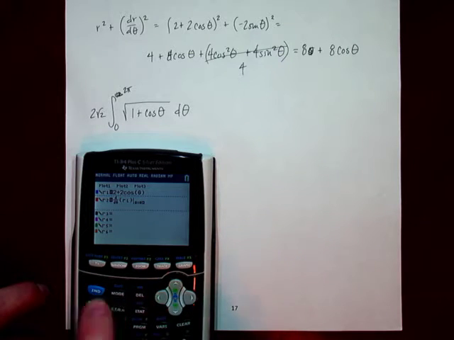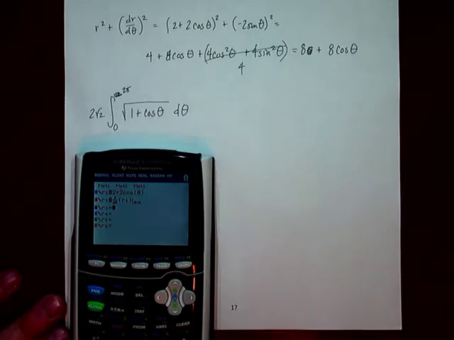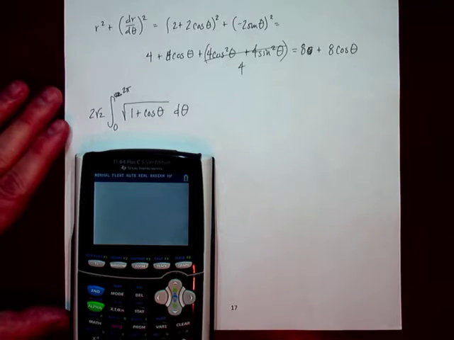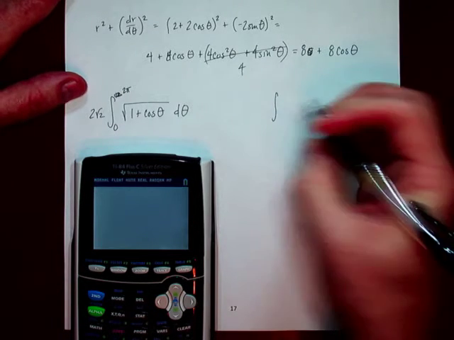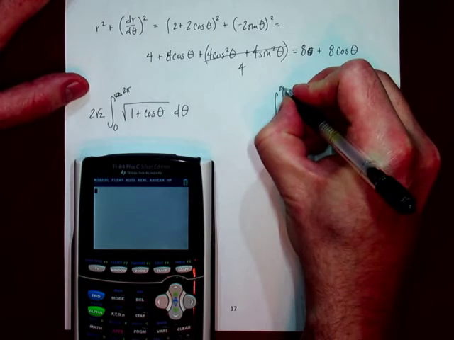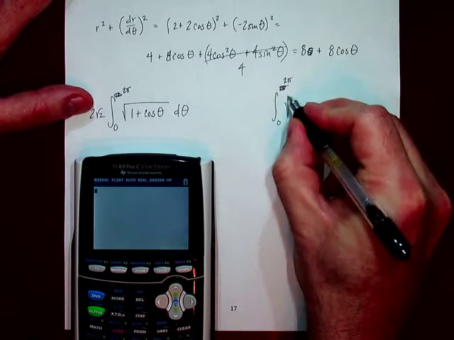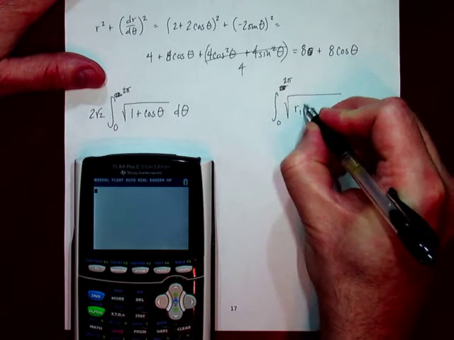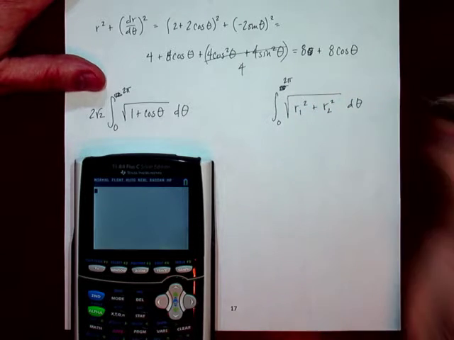But if you just put theta equal to theta, then R2 will automatically become negative 2 sine theta, basically the derivative of whatever you put into R1. So we go back to the home screen, and this is going to be 0 to 2 pi of the square root of R1 squared plus R2 squared d theta.